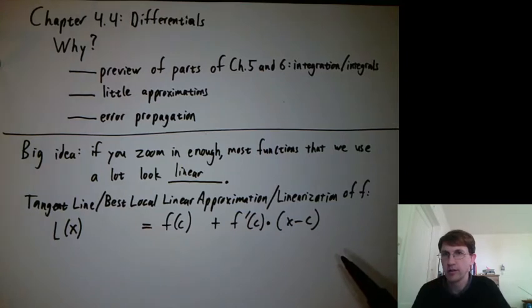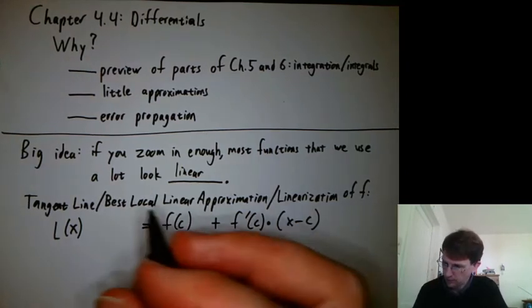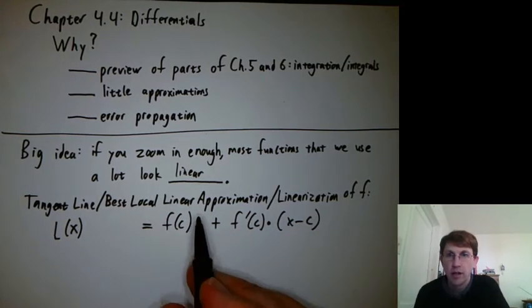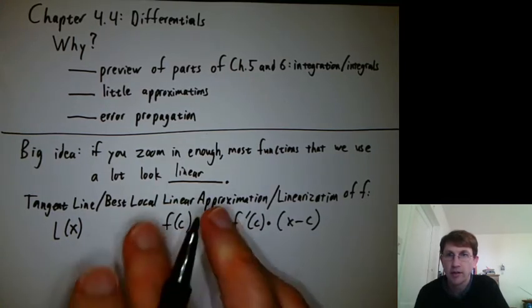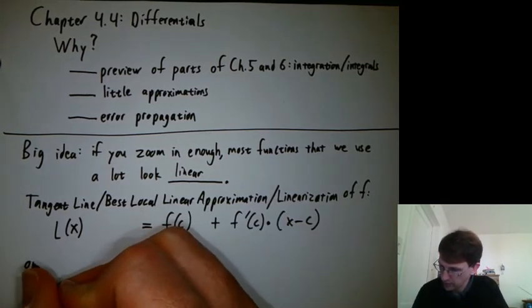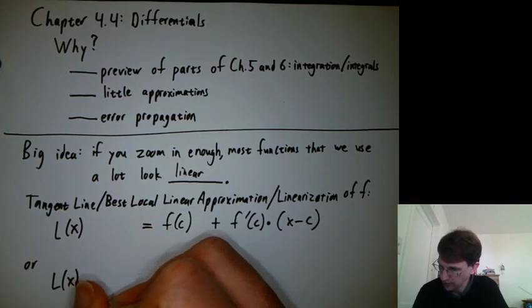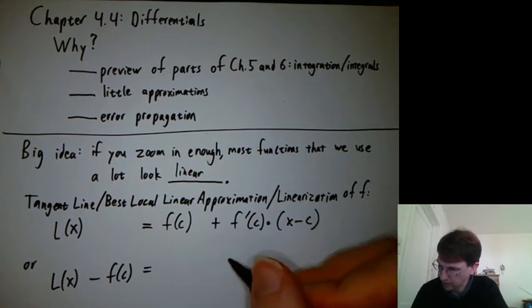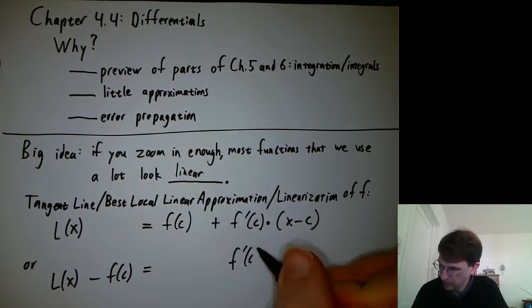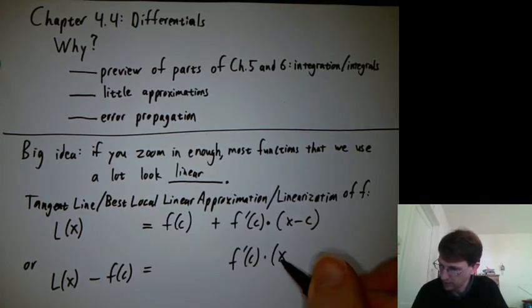Try to write it down without looking at it. By the power of algebra, I'm going to move this f of c over to the other side. I'm going to subtract it from both sides. So then we have L of x minus f of c equals f prime of c times x minus c.